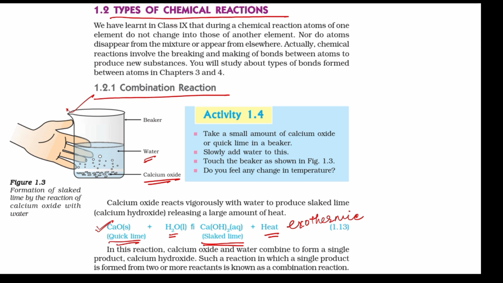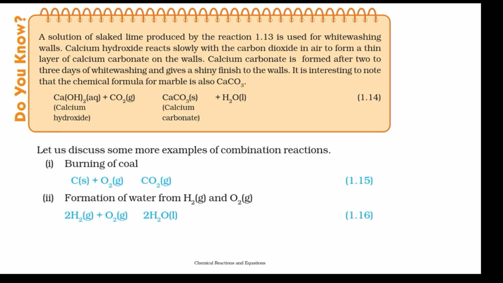तो इस तरह के रिएक्शन को जिसमें हीट इवॉल्व होती है, is called exothermic reaction. So this is a combination reaction as well as an exothermic reaction. अब ये जो स्लेक्ड लाइम बना है, that is calcium hydroxide. Calcium hydroxide is also known as slaked lime. It is used for whitewashing walls. Why?